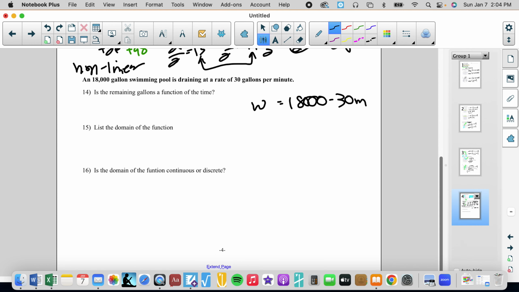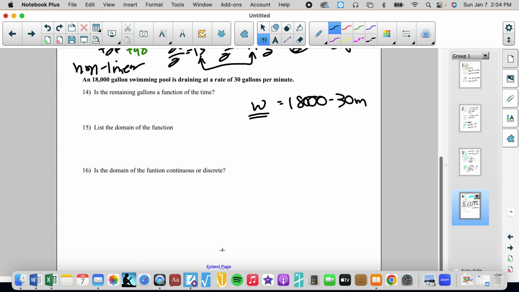I'm okay with that. This represents the amount of gallons in the pool. This represents the amount of gallons per minute that is draining from the pool. And this represents the number of gallons left. Either way you want. m is the number of minutes, 30 is the rate of draining, and 18,000 is our starting amount.